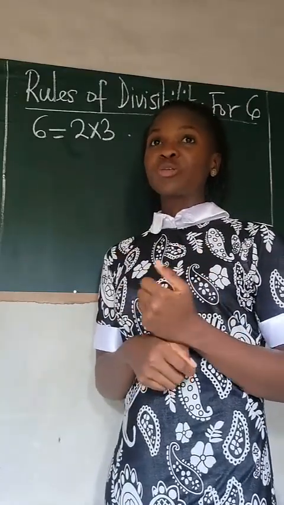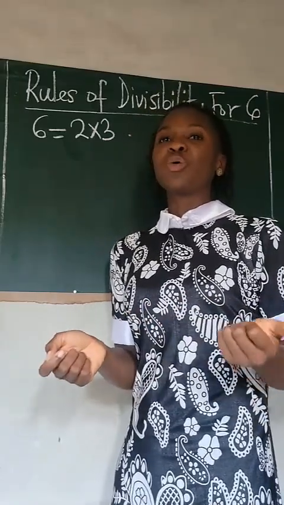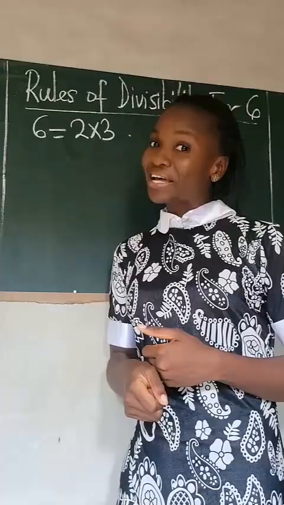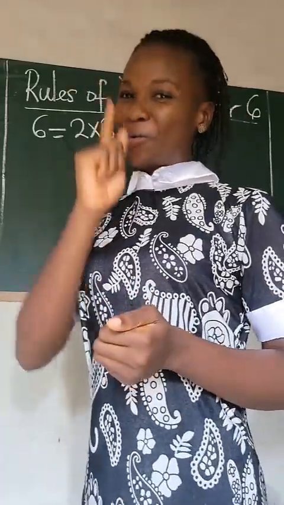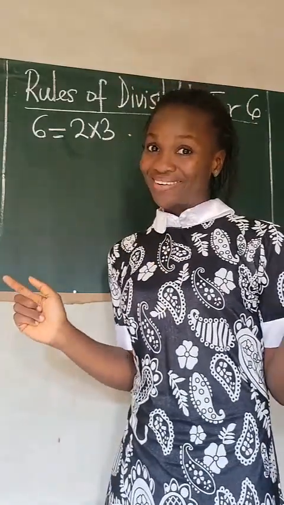in the previous weeks, we dealt with the rule of divisibility for 2. Now, what does the rule of divisibility of 2 state? It states that for any number to be divisible by 2, such a number must end with an even number, right?